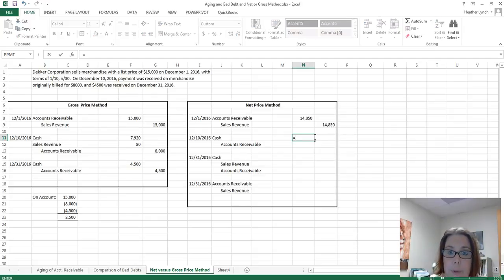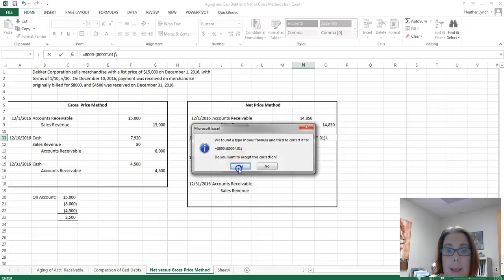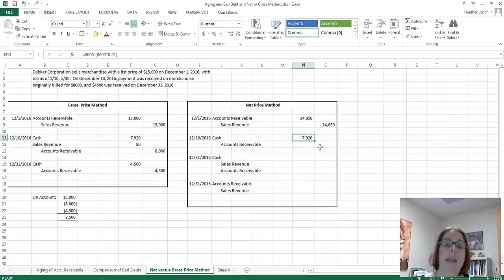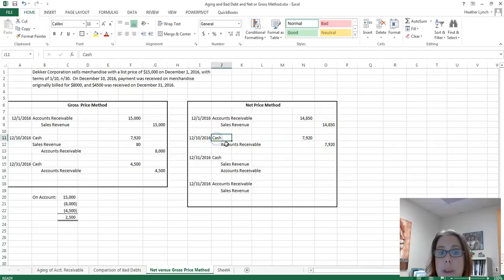They paid $8,000, so 8,000 times 0.01. So cash for $7,920 is what we're going to reduce. We've already dealt with the sales revenue, so now we just have cash.